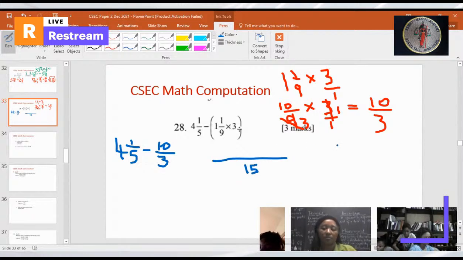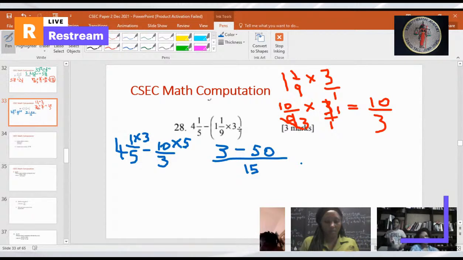And then after that, 5 into 15 goes 3 times, which is 1 times 3, which is 3, minus 3 into 15 goes 5 times. So 10 times 5 is 50. Minus 50.